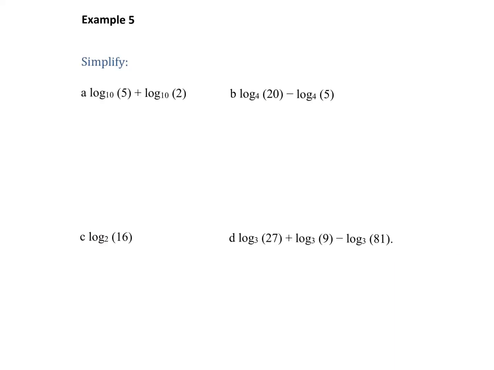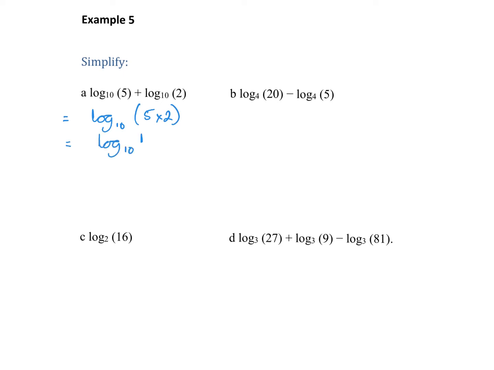So trying to get these expressions in their most simplest form, we're going to be using our rules. And again, we need to be able to use them backwards and forwards. So if I'm looking at this one, I'm thinking about my rule where if I multiply log base a of mn, it becomes plus. Or going back the other way, this would be log base 10 of 5 times 2 inside the bracket, which of course is 10.